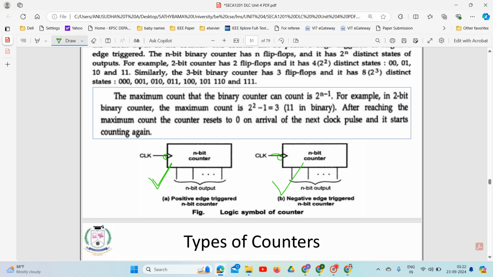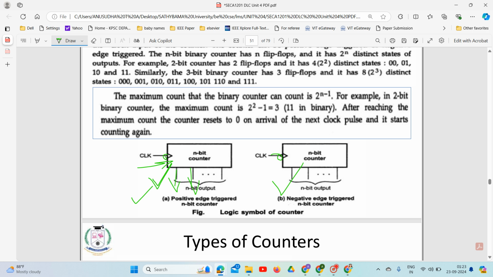Usually in order to count, either up counter or down counter, we need the clock for both synchronous and asynchronous. And we will get the n bit output based on the number of flip-flops required. If it is a 2-bit counter, we need 2 flip-flops. If it is 3-bit, we need 3 flip-flops.